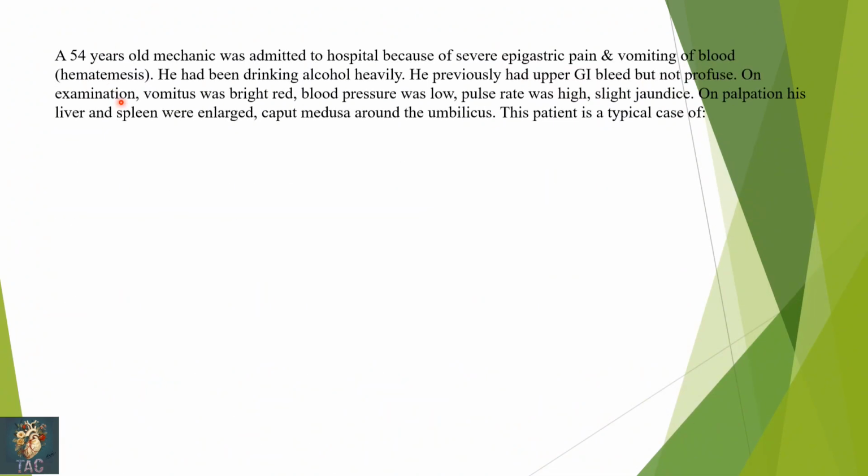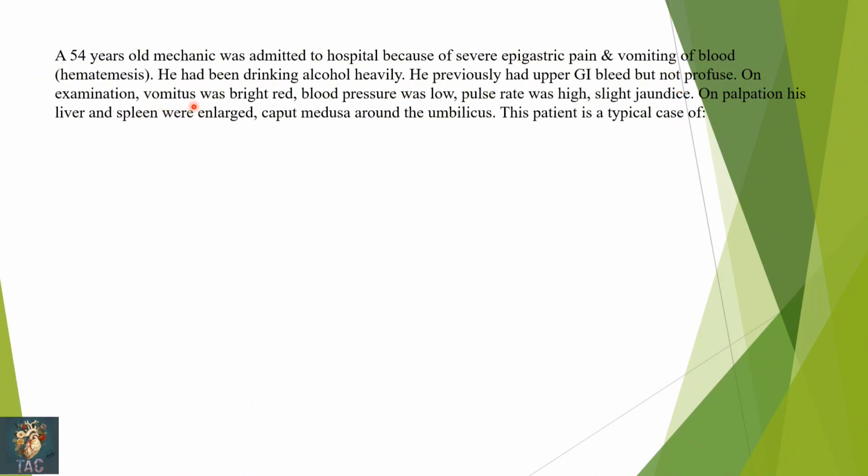Next is, a 54-year-old mechanic was admitted to hospital because of severe epigastric pain and vomiting of blood, that is hematemesis. He had been drinking alcohol heavily. He previously had upper GI bleed but not profuse.